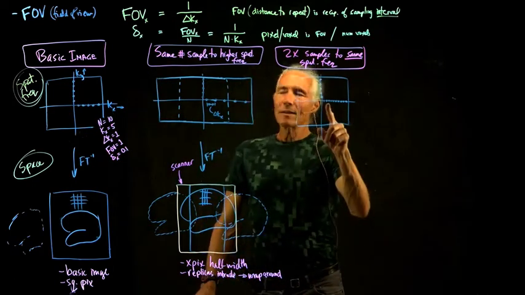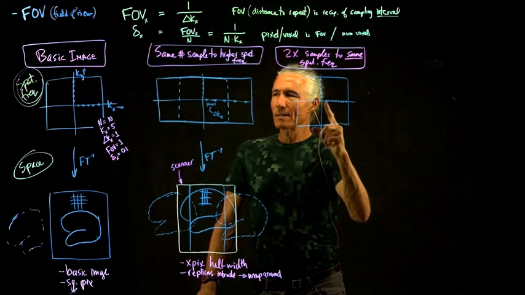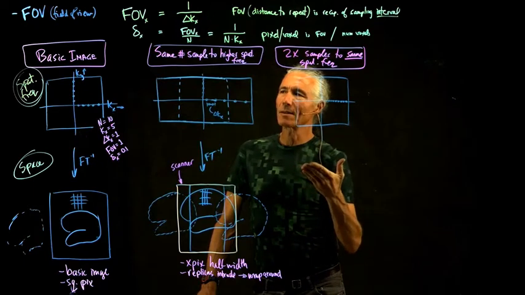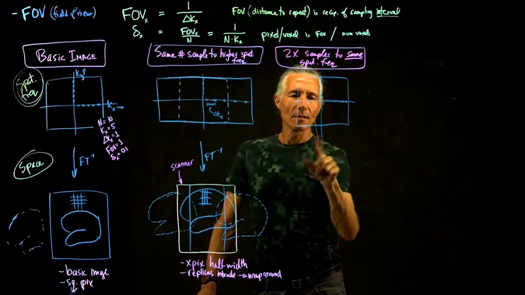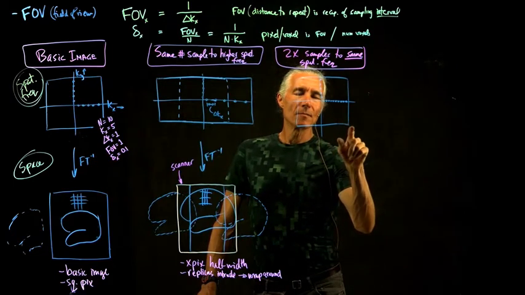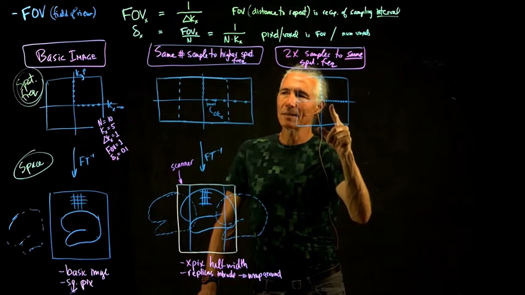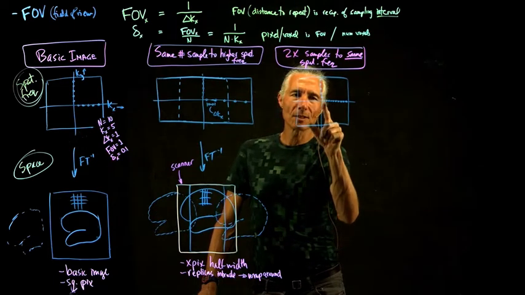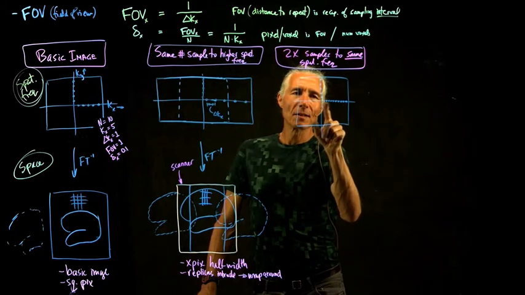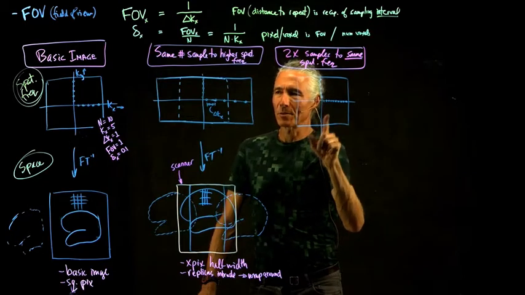You could just record the data faster, leave the gradients all the same, and record the data twice as fast. Take twice as many samples over the same amount of time as the gradient stays on. Or alternatively, you could sample at the same rate when the readout gradient is on, but use a lower gradient amplitude.